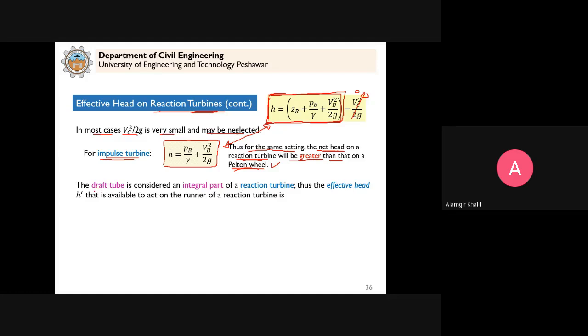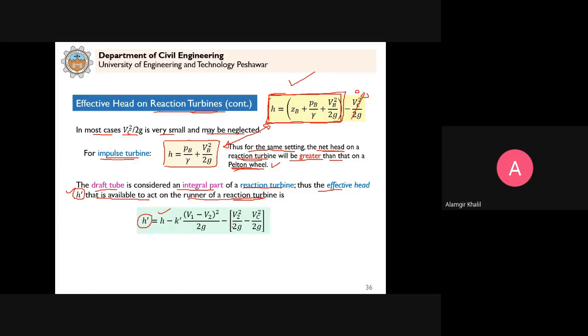Now, as I said, the draft tube is considered an integral part of the reaction turbine, thus the effective head H dash that is available to act on the runner of the reaction turbine is this. It is this H, which is coming from here, minus these losses.